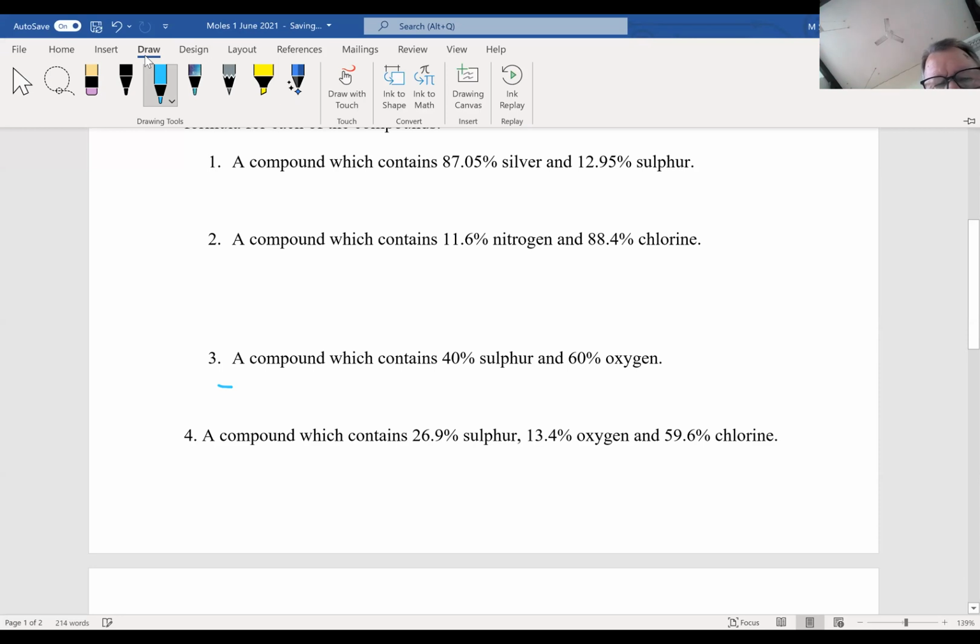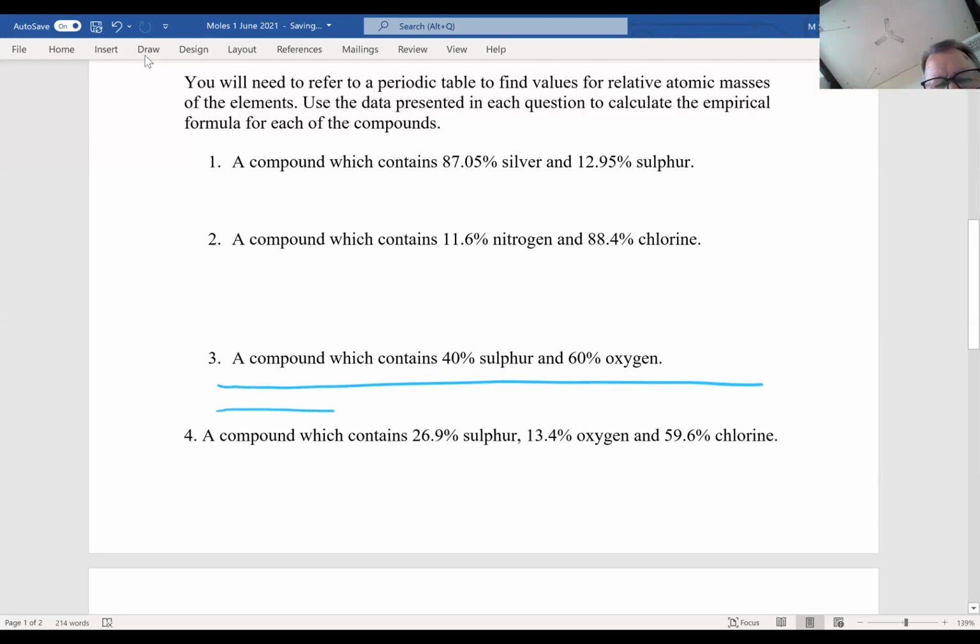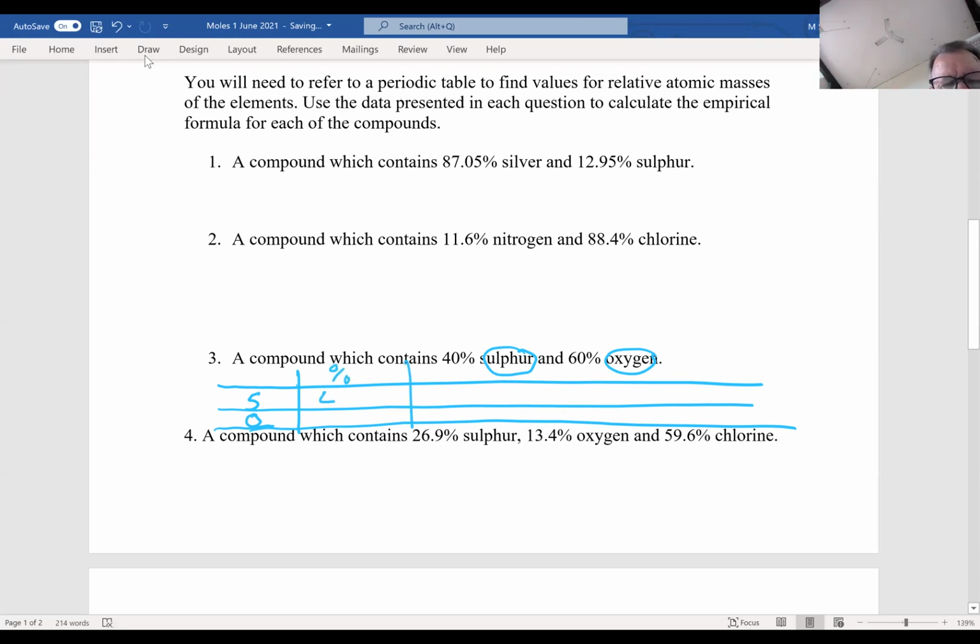So if you remember, we set up the question, the system like this, with very long lines. We put the elements in first, so it says it's got sulfur, S, and it tells me I've got O, oxygen. It tells me in percent that I have 40% of sulfur and 60% of oxygen.